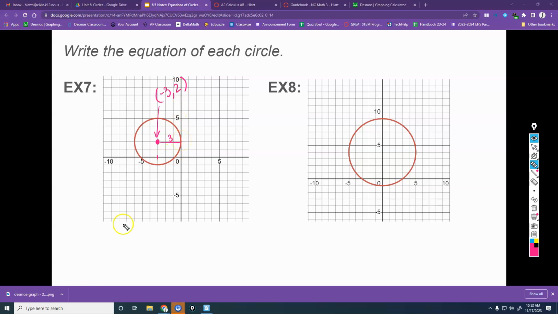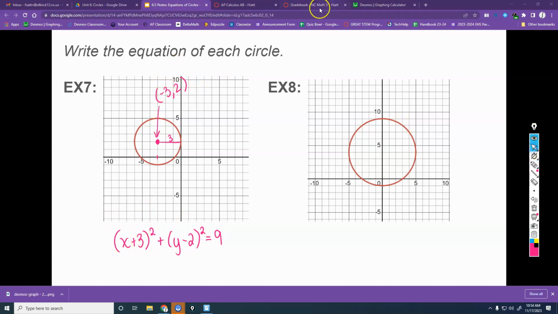To put this into the equation, you would have x plus 3 squared plus y minus 2 squared equals 3 squared, which is 9. Did we switch the sign? Yeah, for both points in the center, you're going to switch the sign. So if it's negative here, it's going to be positive here.